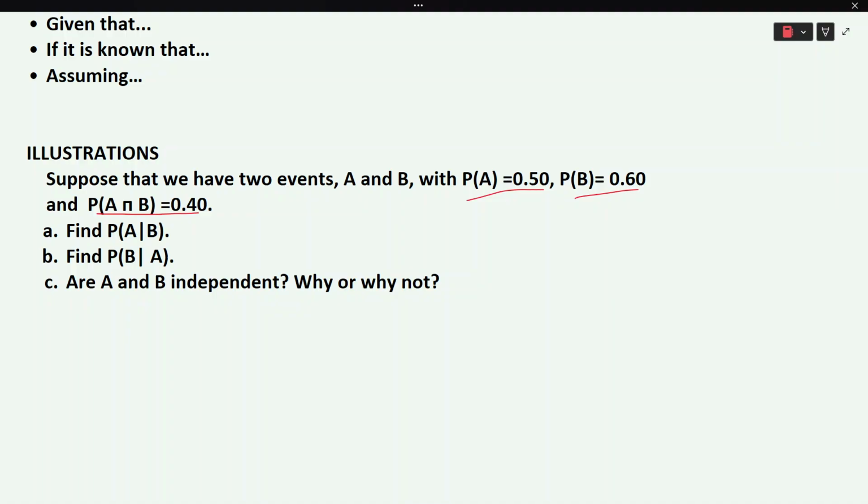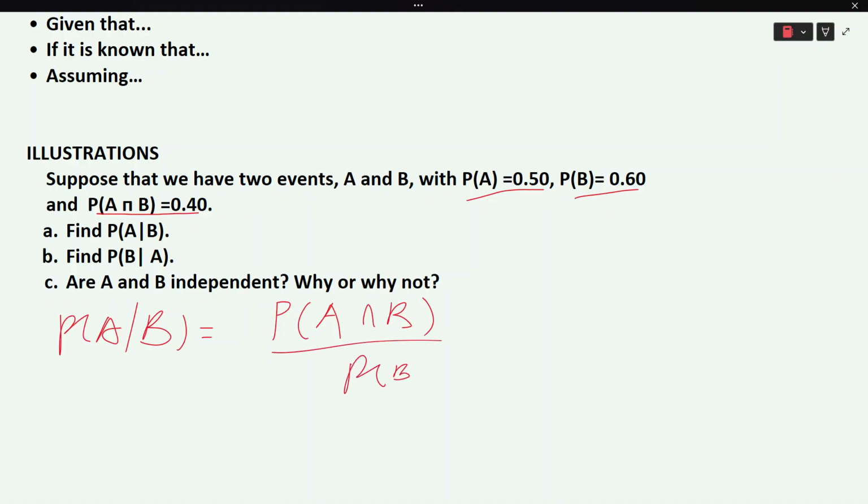Find the probability of A given B. We all know that the probability of A given B is the probability of A intersection B divided by the probability of B. The probability of A intersection B is 0.4, and the probability of B is 0.6.